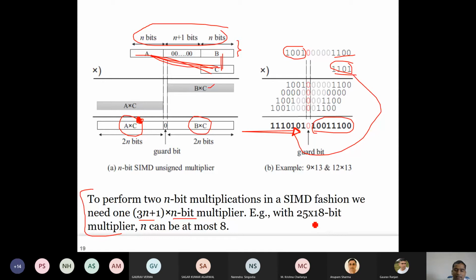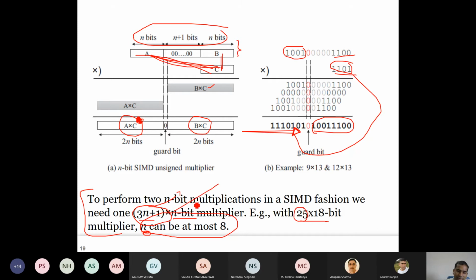For example, if we have this multiplier, a 25 into 18 bit multiplier, then n can be at most 8. Why? Because you put n equals to 8 here, so this reaches 25. We can't go above 25 because our multiplier is 25.